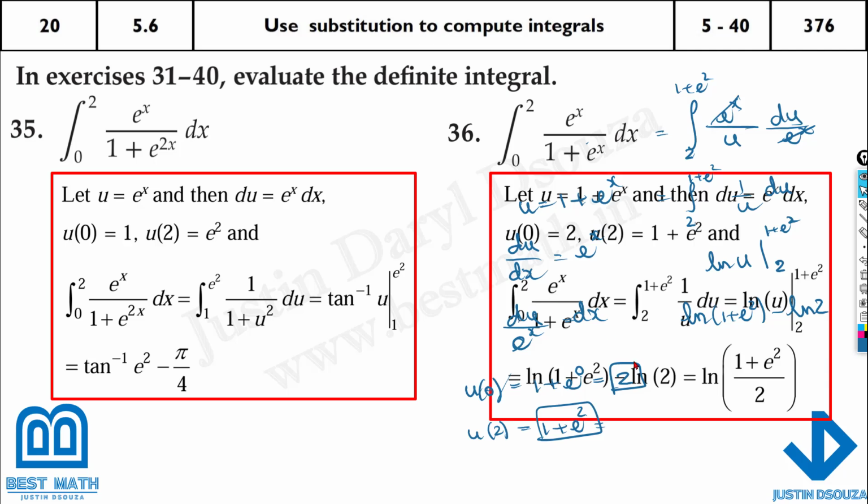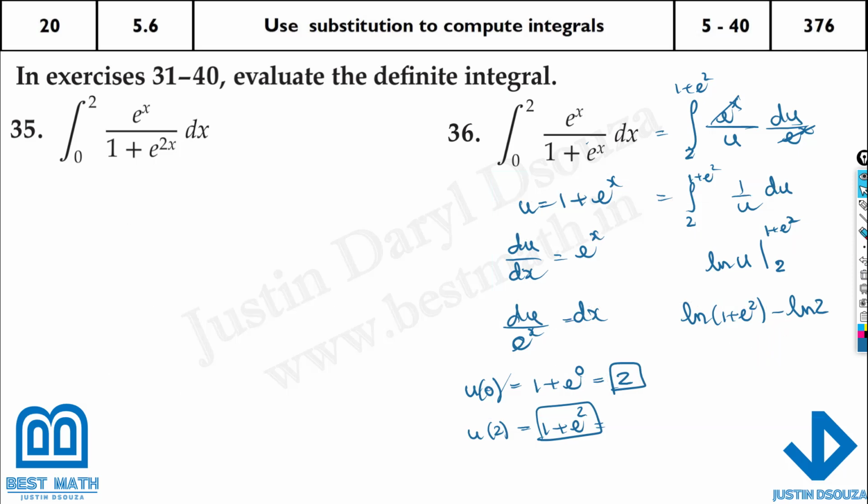Let's just look at the second answer first. Okay, they have used the properties. Now that's correct, what we have done is absolutely correct. But what is the property of natural logarithm? When you have minus, these terms can be written as division. So it is ln of 1 plus e squared divided by 2. That is the final answer.